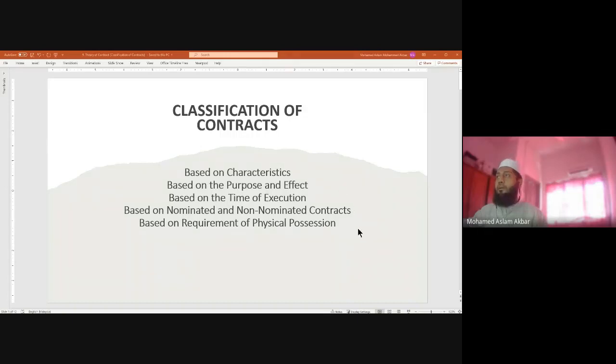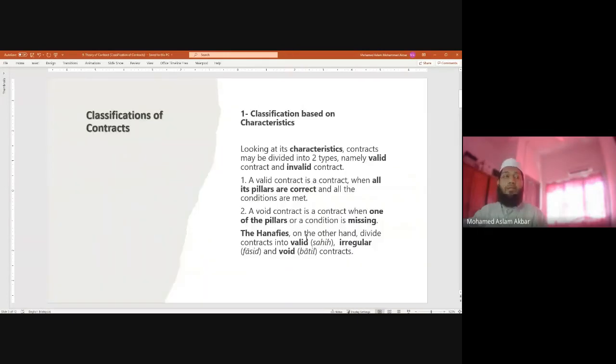So let us start with based on characteristics. I think here you are going to learn something new, which is fasid, irregular. Usually when we say the characteristic of the contract, we will say whether it is the valid contract or invalid contract.